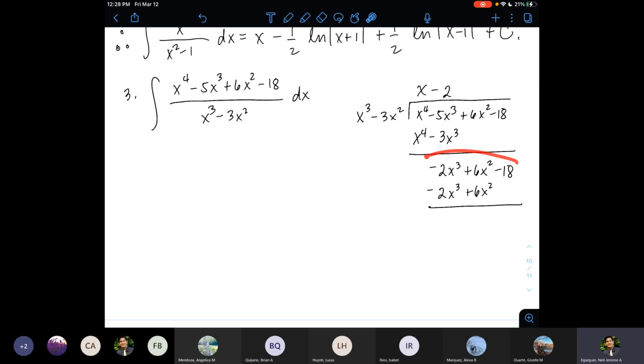And then do this minus this, okay? And we'll get minus 18. All right, and then remember what we do. We'll have the quotient, x minus 2, plus the remainder, negative 18, over the divisor.